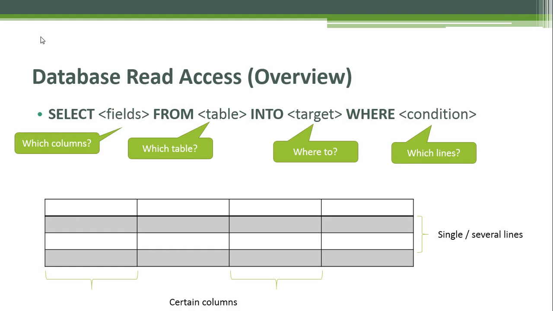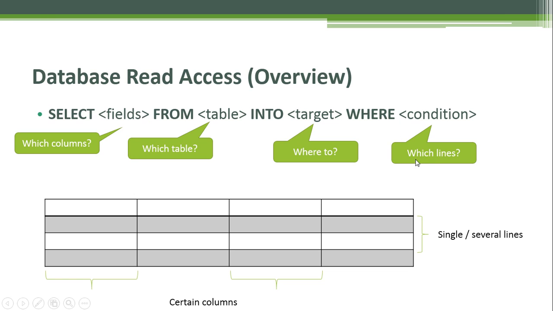Database read access overview. You use the select ABAP statement to perform an extraction of data from a database table. You specify the columns or the fields; from, you specify the table; into, you specify a target; where, you specify a condition.